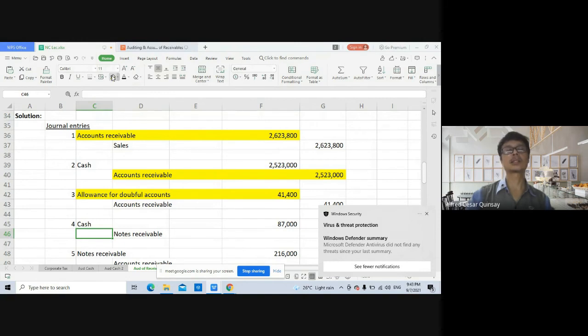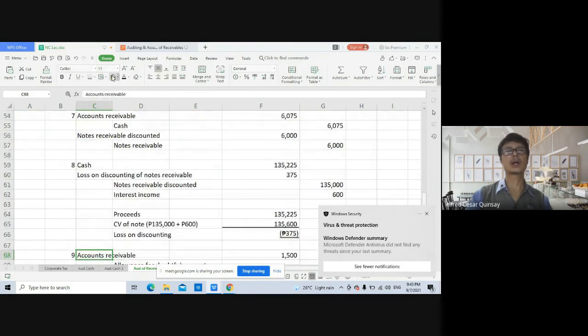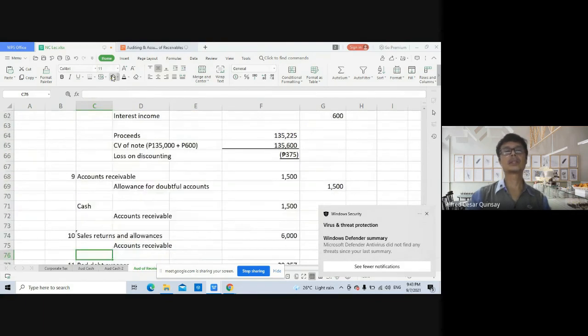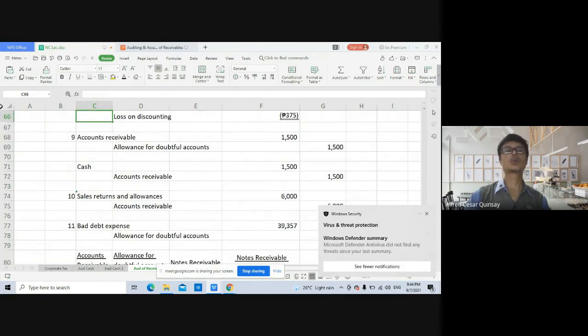Since this is a contra asset, is credit. So normal balance niya, of course, since a contra asset, so nakabawas siya, no? But since naka-debit siya rito, so we will add this, no? And then yung, of course, credit accounts receivable, so that would be deducted from the accounts receivable balance.